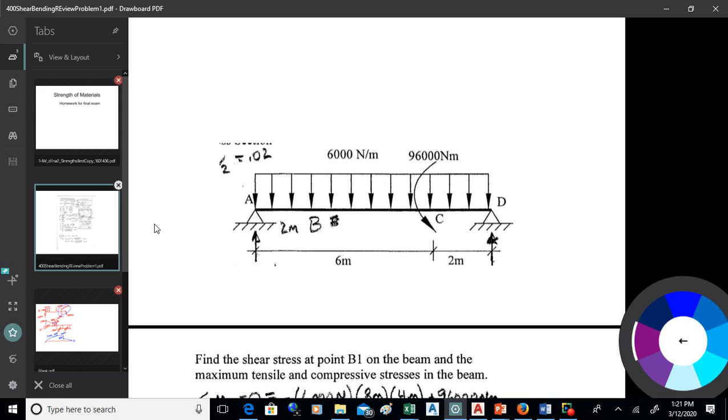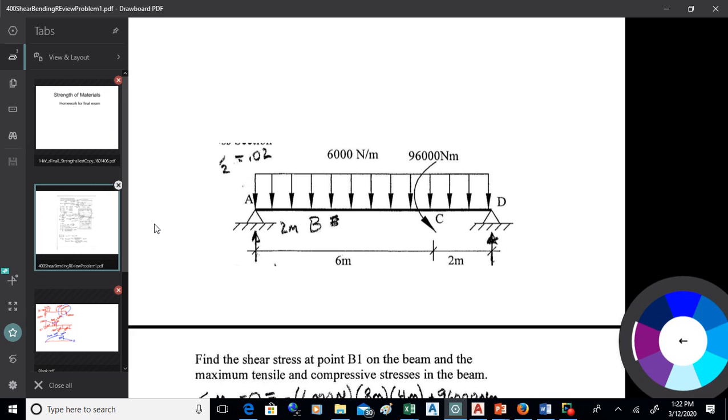Now after you find the reactions, the next thing to do is to find the shear and moment diagrams. Does everybody have a copy of this? Okay, so why don't we go through the reactions here?